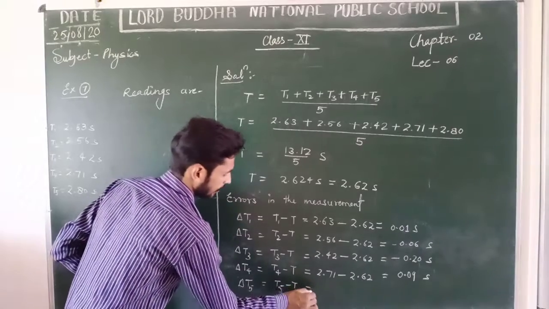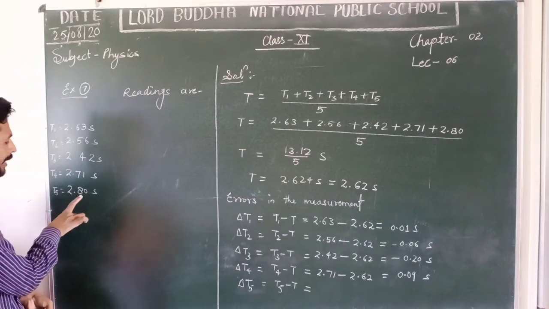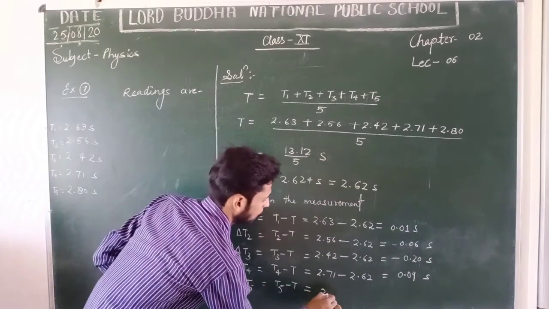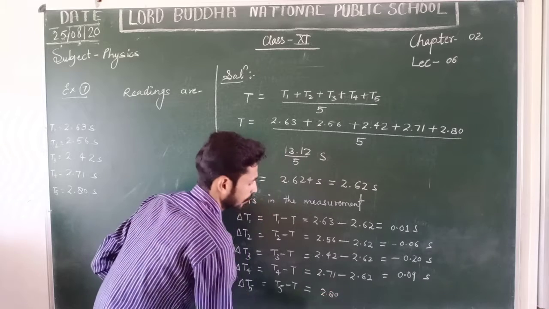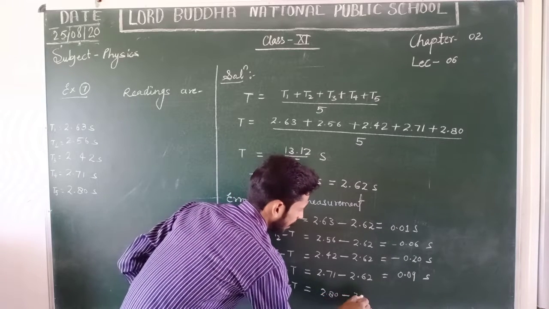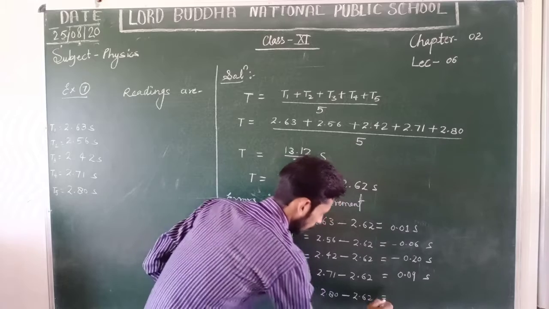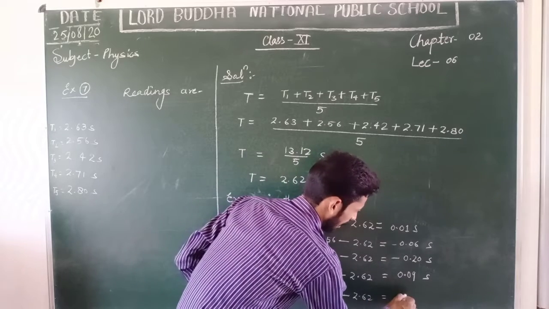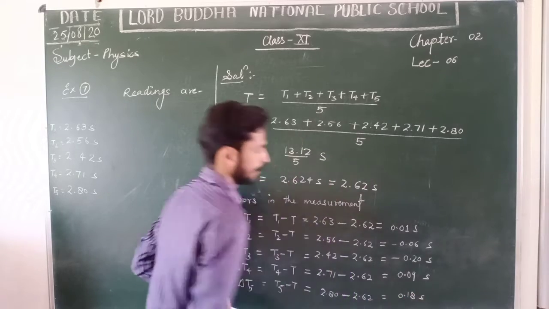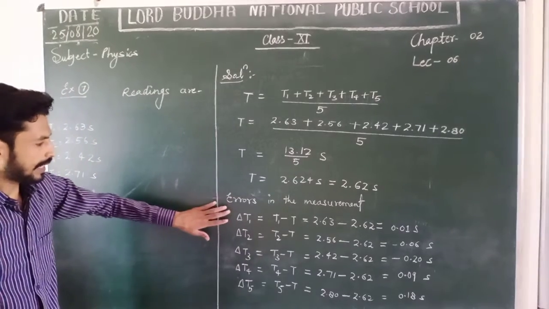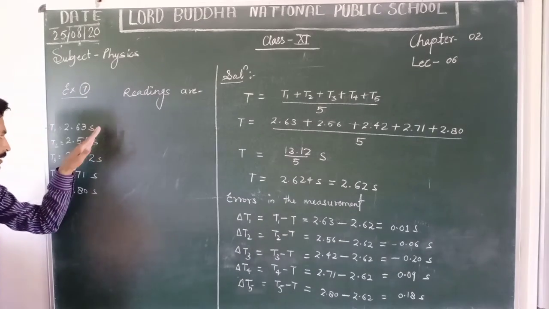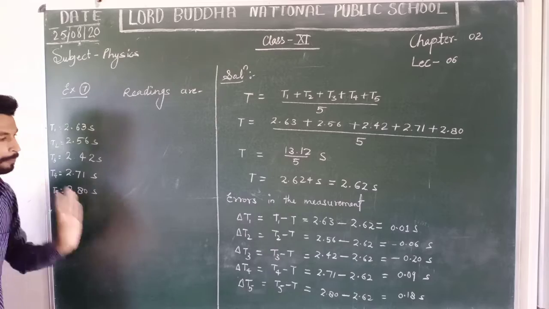And the last one is T5, 2.80, so 2.80 minus 2.62 equals 0.18 second.